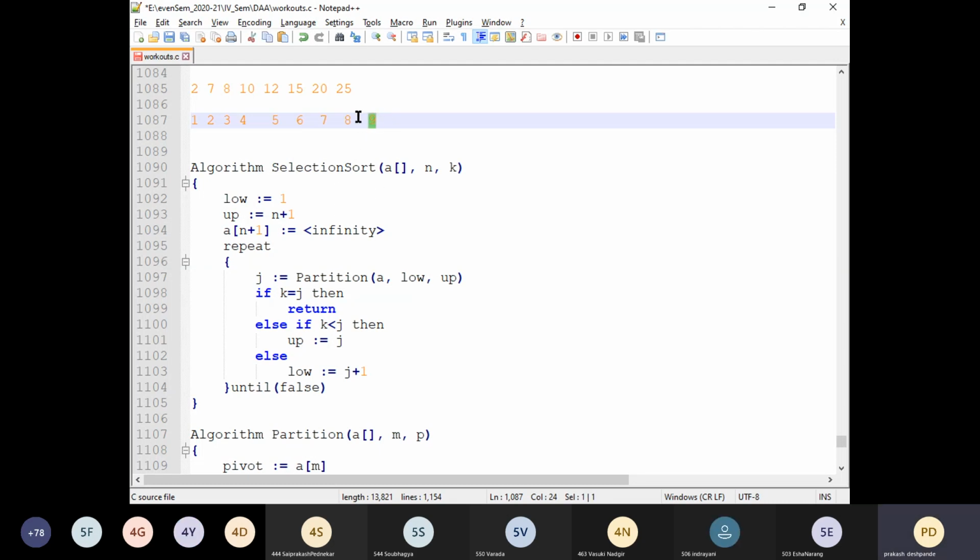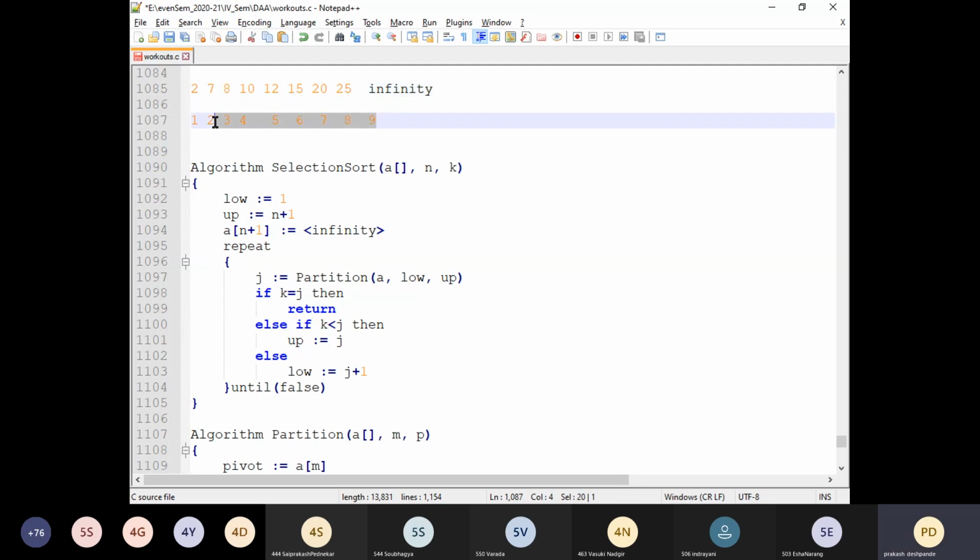At this 9th position, what number will we keep? Infinity. We keep positive infinity to represent the highest possible number at the rightmost position, so that when the partition is called, we stop at a particular position.